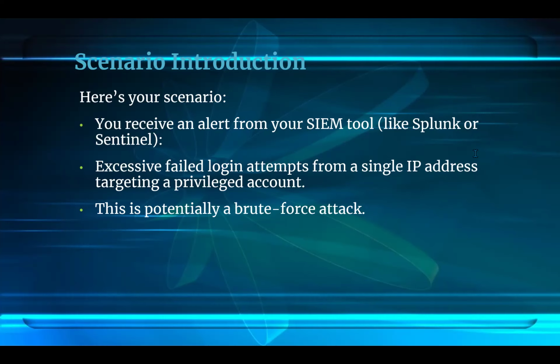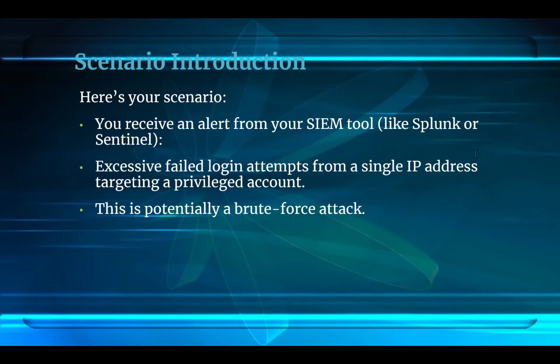Then you can round up to say this has been escalated to tier 2, an event has been logged. That an incident has happened, and I've logged this as an event.